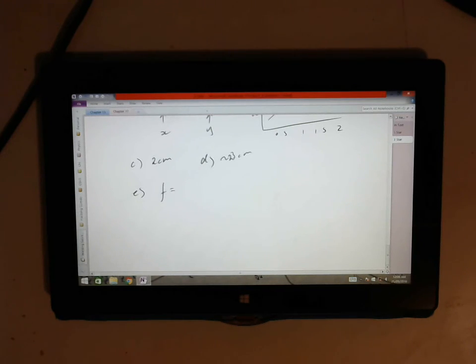Well, we know for a concave mirror, if we have our object at the focal point, no image is created. So if no image is created, that means the distance to the image is 0, or the magnification is 0, because the image doesn't exist, or that the image is being created inside the mirror itself.